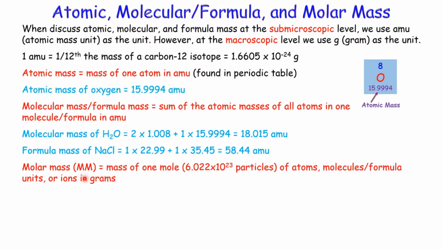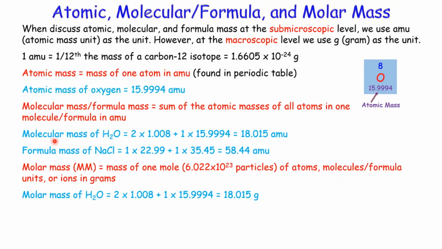Okay, now comes the molar mass. We already used a molar mass in previous calculations, but now let's take another look at the definition. Molar mass is the mass of 1 mole of the particles, and 1 mole means Avogadro's number of particles. Okay, let's look at the molar mass of water.